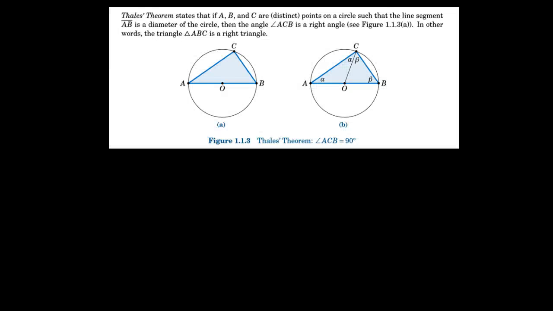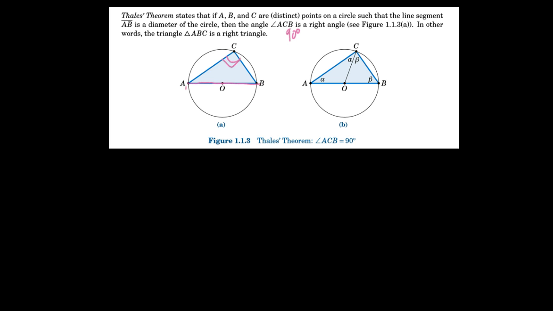The last thing I want to talk about is Thales' theorem, and I just thought that the proof was pretty interesting, and it ties into everything that we've been talking about. So the proof of Thales' theorem, and the idea is that if you construct, basically this is the diameter of a circle, and what Thales' theorem says is that the angle ACB, which is this angle right here, ends up being a right angle, so that's 90 degrees.